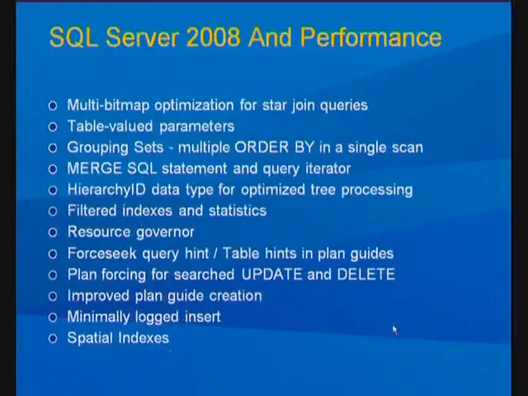They don't make you define and maintain bitmap indexes. They decide that if you have a parallel processor and you can benefit by using a bitmap, they will make up a bitmap for you. In SQL 2005, they would only make up 1 bitmap per query. In SQL 2008, I will show you in a few minutes, they will make up multiple bitmaps per query if they decide you need them.